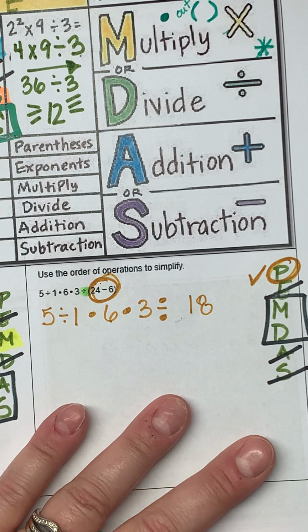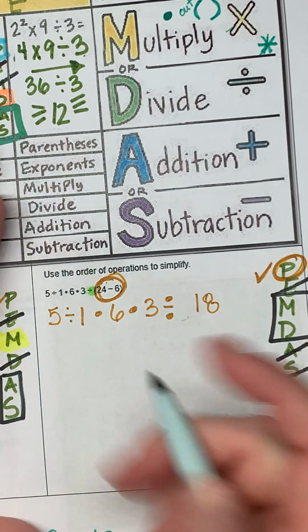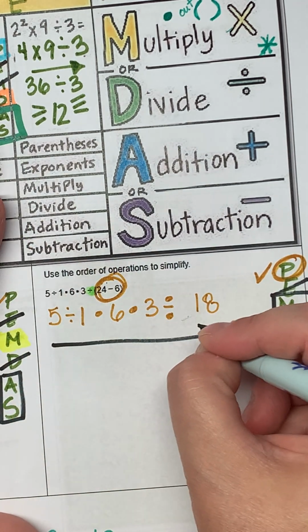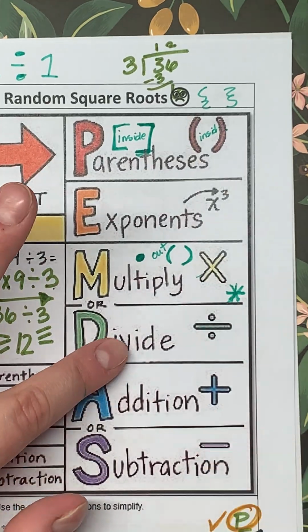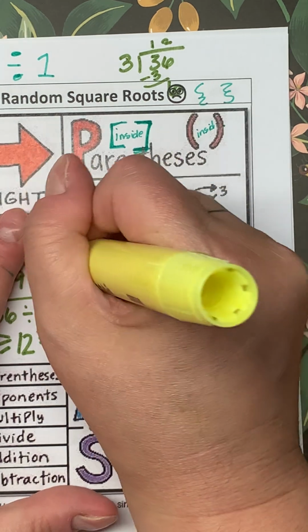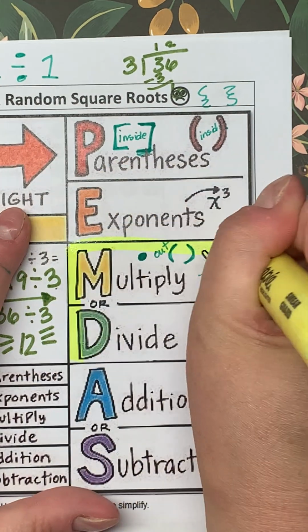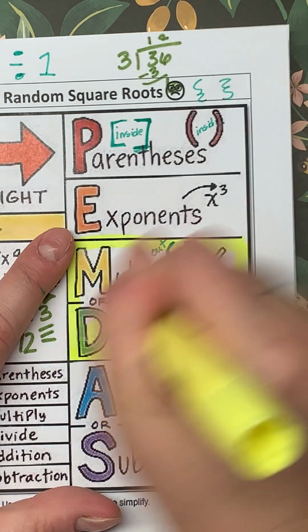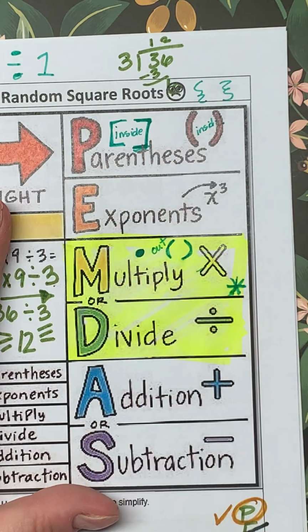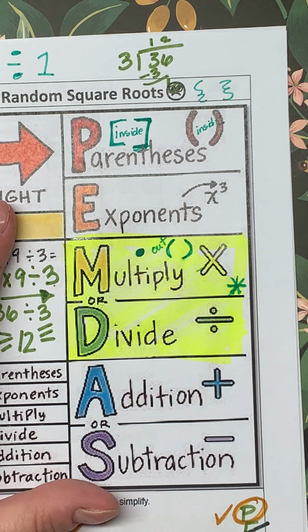So when you only have multiply and divide left, you go left to right. Okay, so back here from the PEMDAS, if you only have multiply and divide left, just these two, then you do left to right.